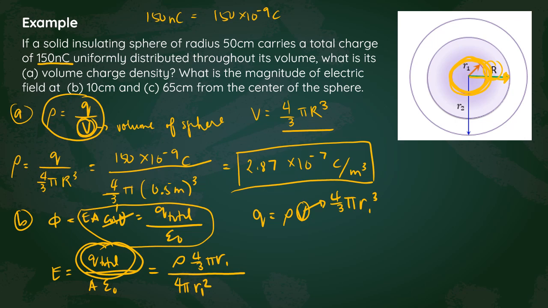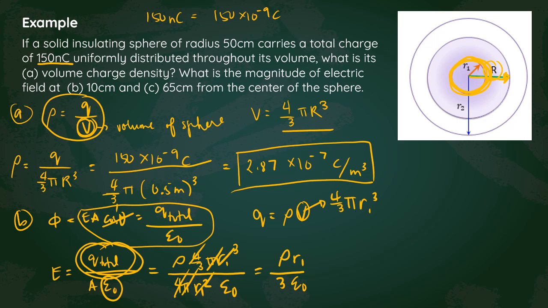Looking at our expressions, we can cancel out pi, 4, and r, which gives us the formula: electric field is equal to volume charge density times R1 divided by 3, and of course we left the permittivity of free space in the previous expression. So that's 3 permittivity of free space.